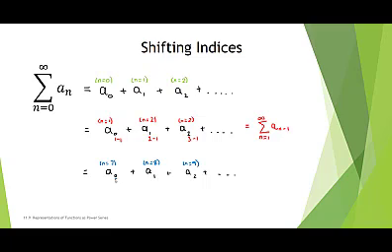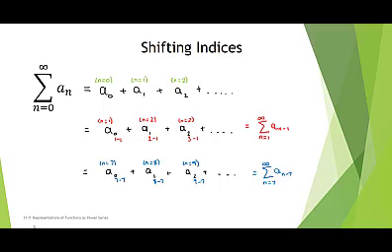So we know 0 is 7 minus 7. We know 1 is 8 minus 7. We know 2 is 9 minus 7. And so we can write our summation starting at n equals 7, going up to infinity, and my term is a sub n minus 7.